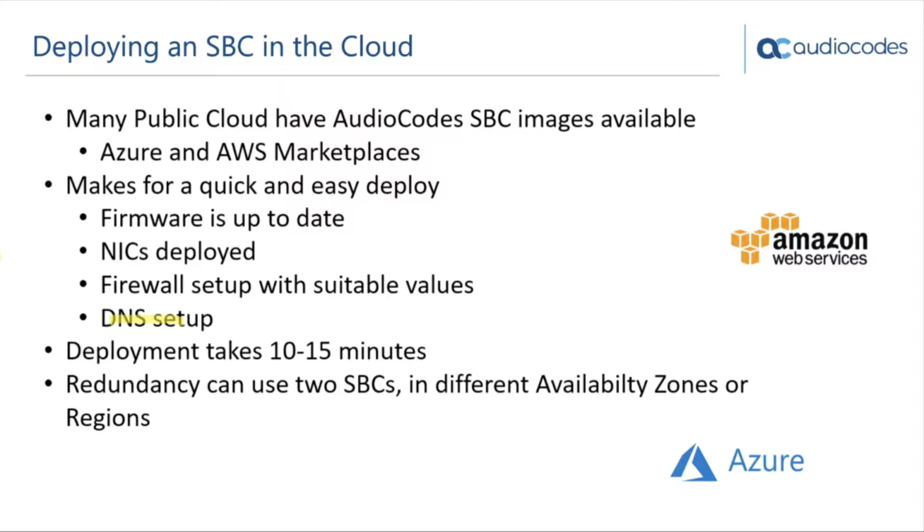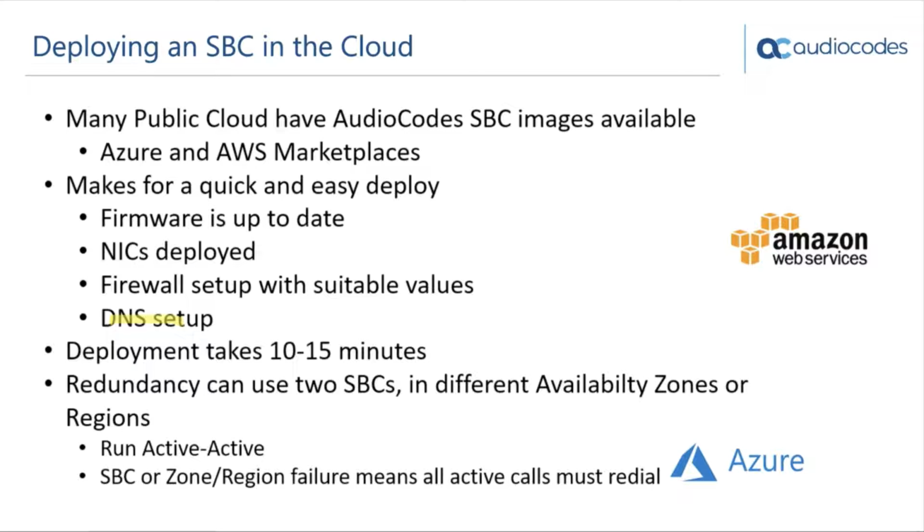That kind of redundancy with the SBCs, you can run active-active, as we call it. So you're running 2 SBCs in different availability zones. And if you get a zone failure or an SBC failure, any calls on that SBC are lost and they have to be redialed, essentially, to bring them back up again. Which for many people is enough.